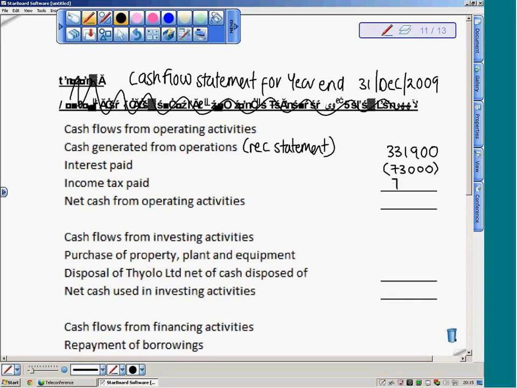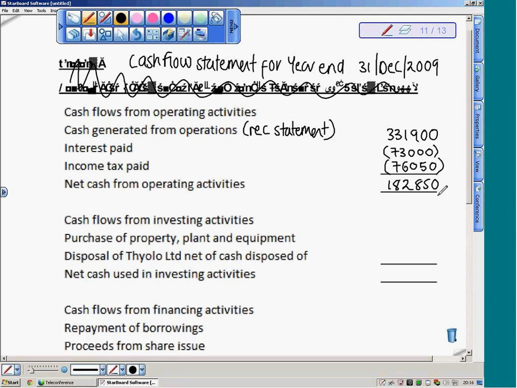Okay. The tax paid worked out as 76,050, and it's an outflow, hence the negative there. The total cash flow for operating activities is 182,850. Okay. The PPE, what they told us in the note, the 360.